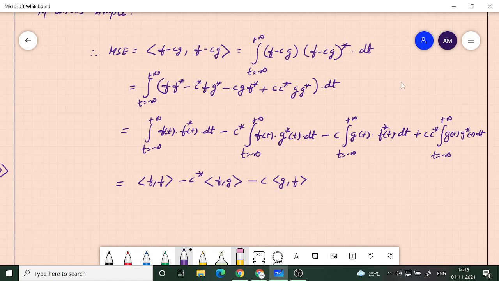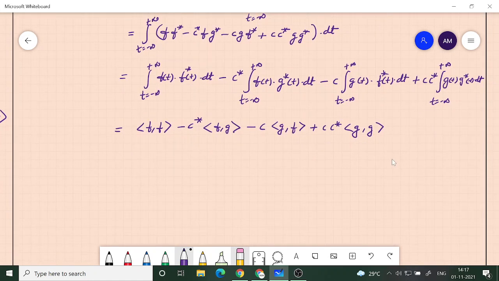When I write using this angular bracket notation, I don't need to put any star on the second function, since the second function is expected to have conjugation in the definition of the inner product. That is why I am not putting any star there. Then c star c times the inner product of g with g, meaning the first function times the conjugate of the second function. So it's a very concise notation, and that is why I prefer it.